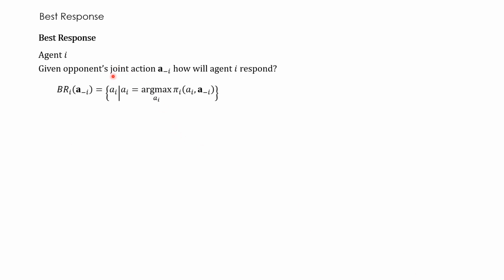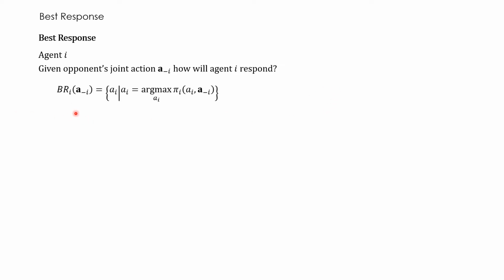Now consider agent i. Given the opponent's joint action a sub negative i, how would agent i respond? Which action would agent i take? That's the best response.